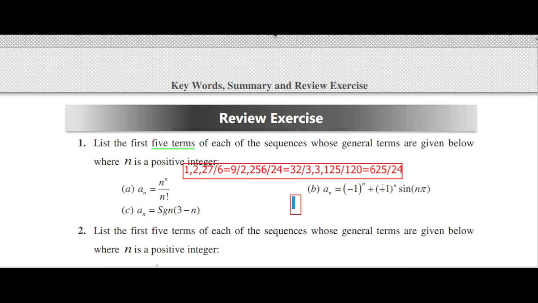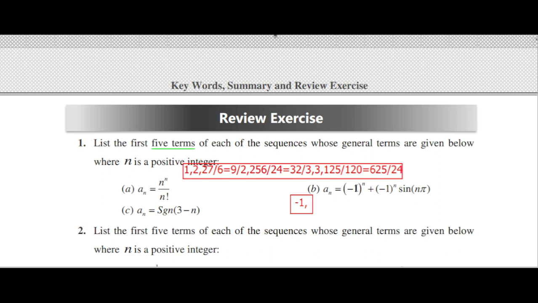Minus 1 to the power of 1 times sine of 1 times pi, sine pi will be 0. So this is 0, automatically 0. So here we have minus 1. The first term will be minus 1.